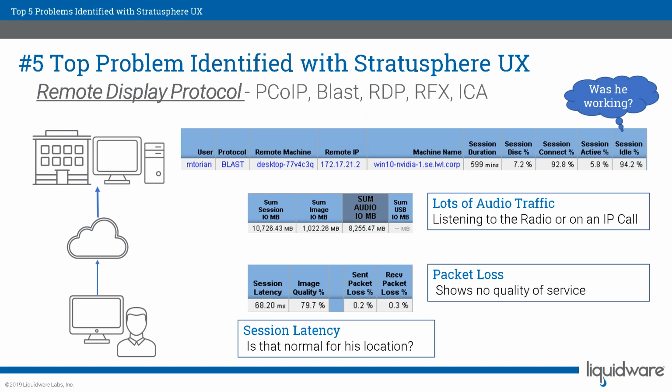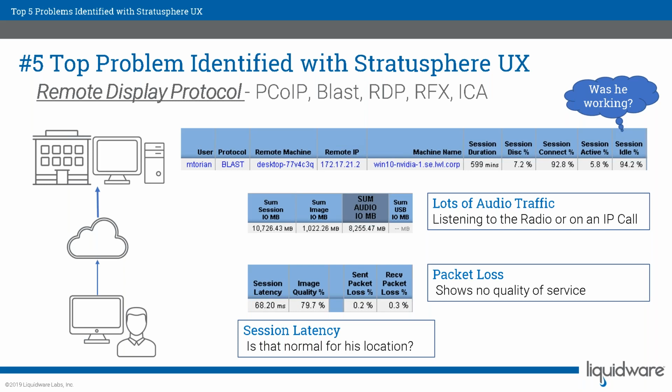There's nothing changing in my environment. What's going on at your house? And they say, oh yeah, my kids come home and they start doing Netflix and all this other stuff, chat, social media. So we have the data to display, watch, and track all of that information for the remote display connection.